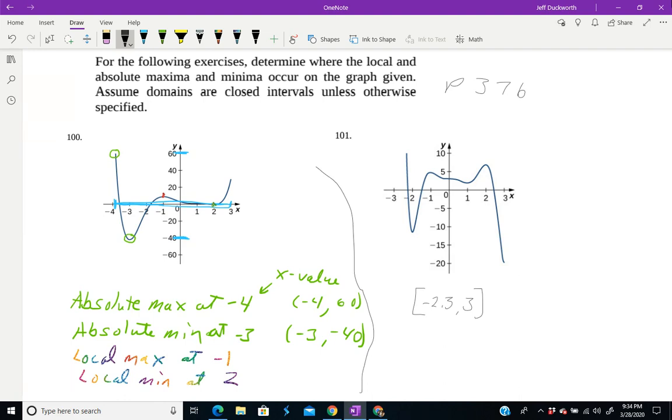So we have a local max up here, or well, I guess an extreme max. So that's an extreme maximum, and this is an extreme minimum. So we have extreme max or absolute.